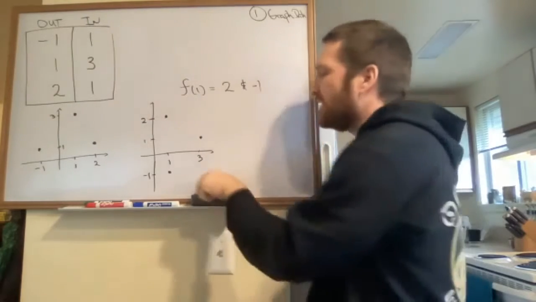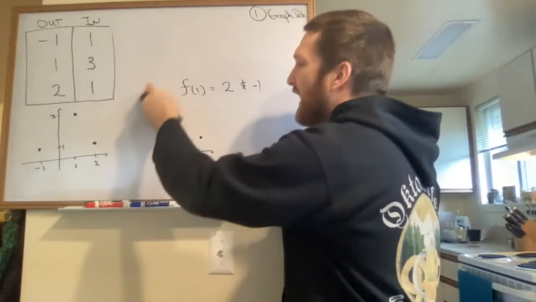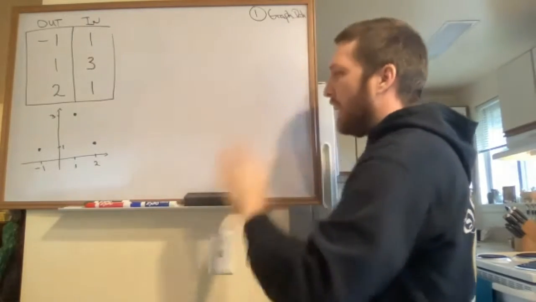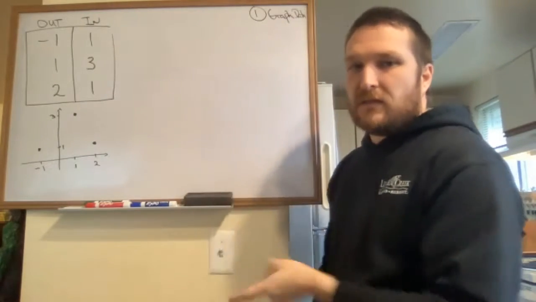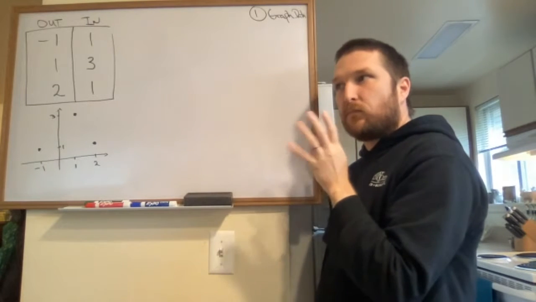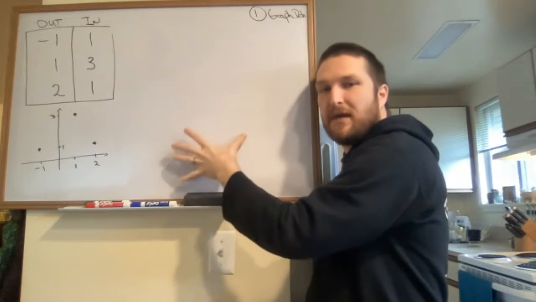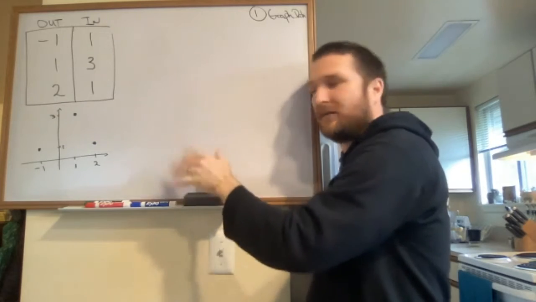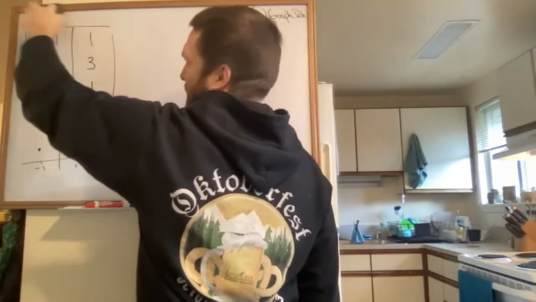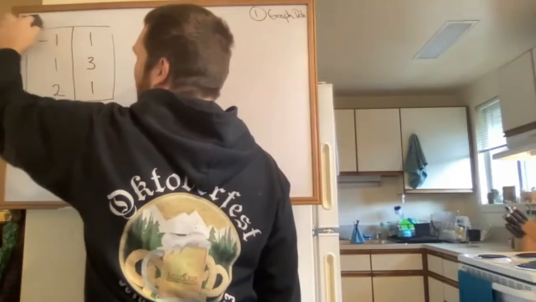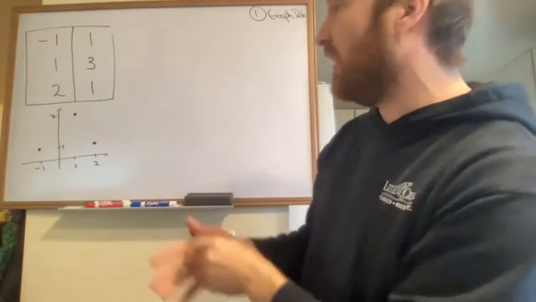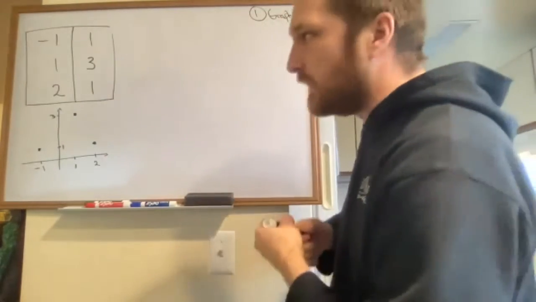So step 1, whenever we're dealing with modeling data using a function, is going to be graph the data. And that will help prevent us from making a mistake like confusing the inputs and the outputs. It might not, but if there is a huge contradiction in the data, like we just saw, then it's going to come out when you graph the data.